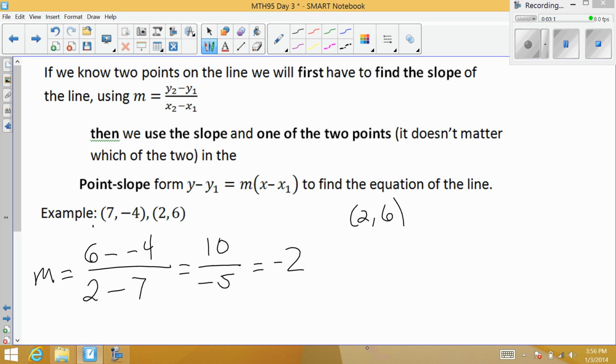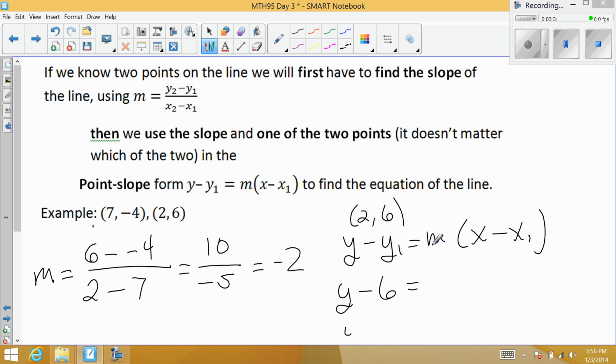And then we'll use our new formula, y subtract y1 equals m times (x subtract x1). Our slope again is -2. x1 will be 2, and 6 will be our y1. So y subtract 6 equals our slope -2 times (x subtract our x-coordinate 2).